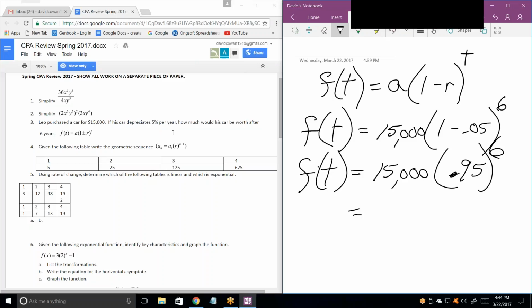So when we take 0.95 on your calculator, you take 0.95 and then use that arrow thing to the 6th. That's the way you take a number to the 6th power. There's a key on your calculator that looks like that arrow.